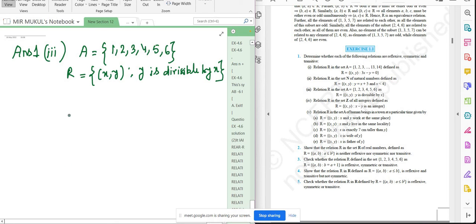So we have to take ordered pairs such that y is divisible by x.